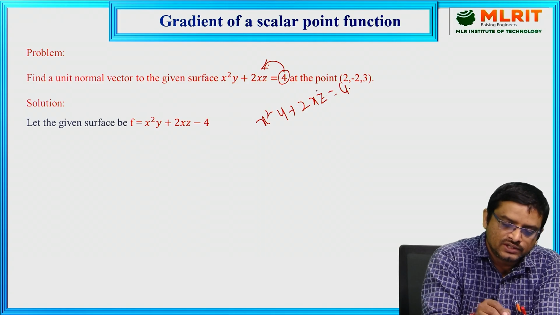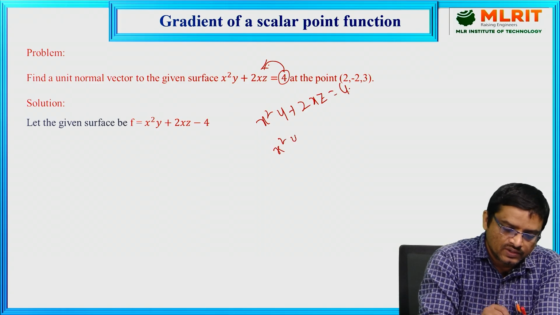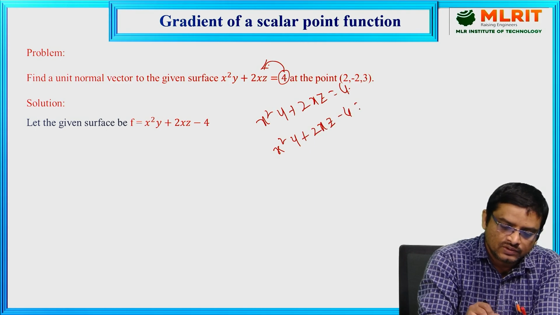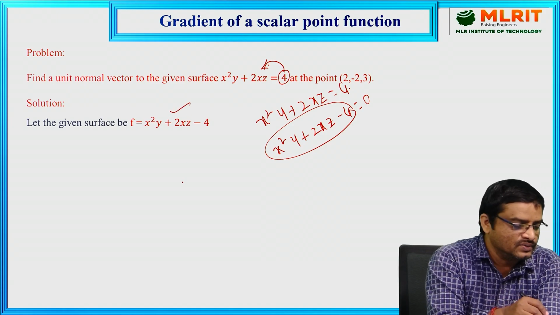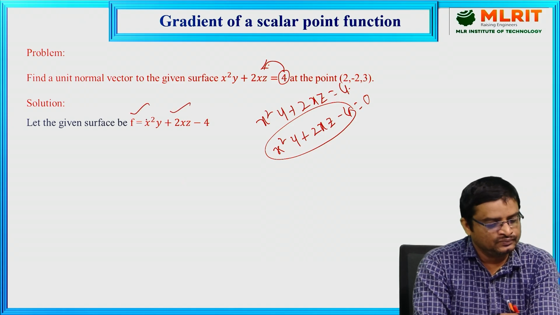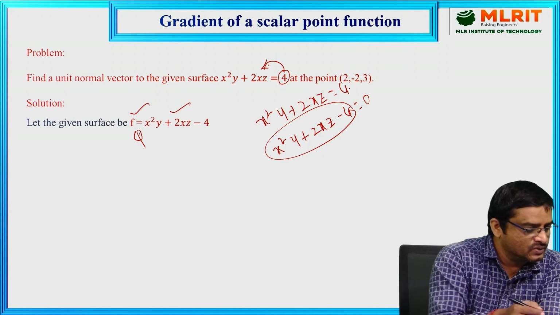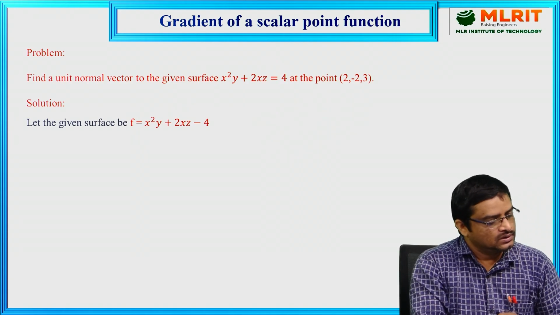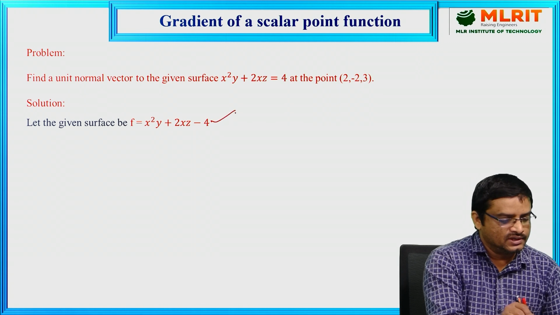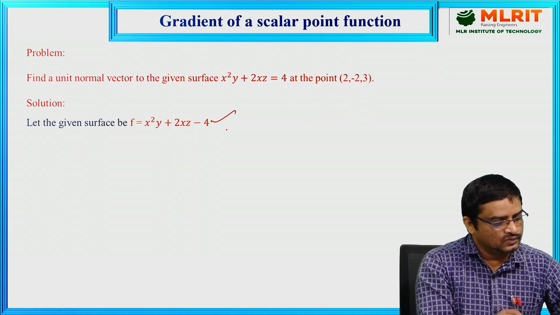You bring this constant term to this side, it becomes x square y plus 2xz minus 4 is equal to 0. So you consider this as the scalar point function, which is represented with f. Or if you want, you can take phi also. We don't have any problem here. Okay, so now this is our scalar point function given in the problem.